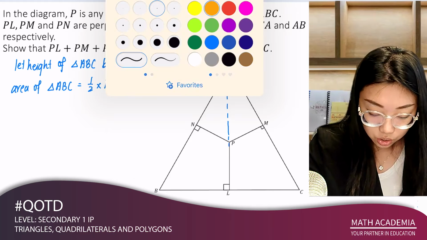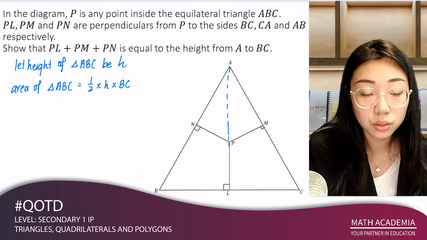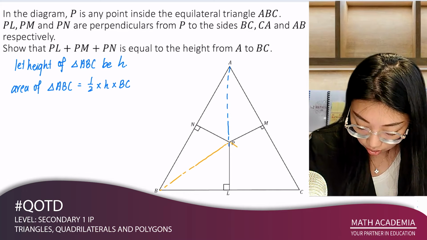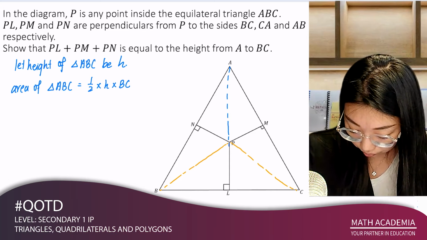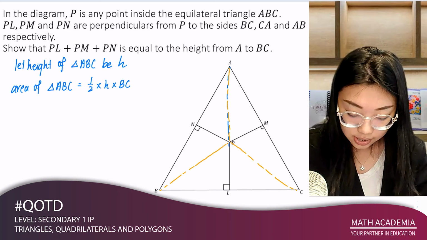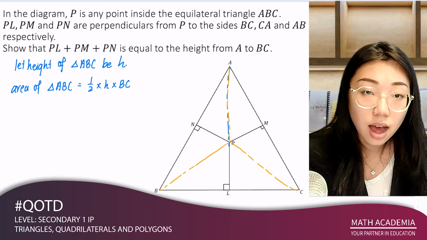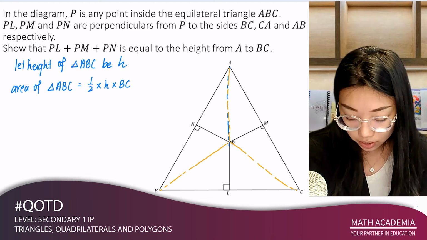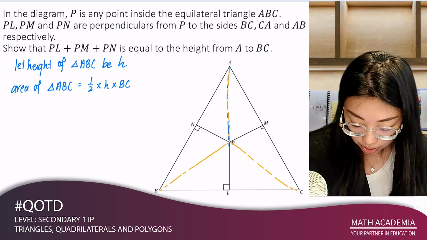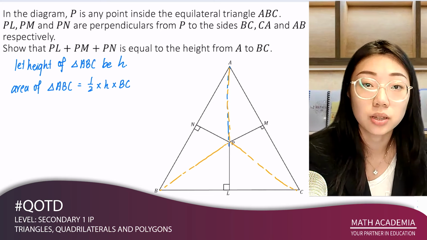Alright, so next, let me split my triangle ABC into 3 triangles. If you realize, PM, PN, and PL are the heights for triangles APC, APB, and BPC respectively.